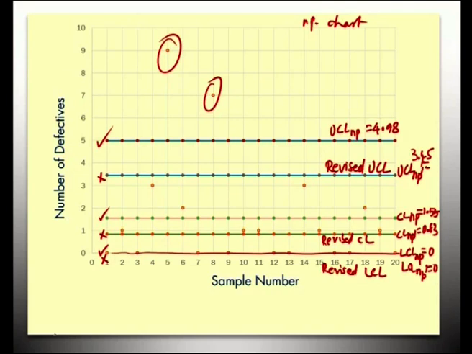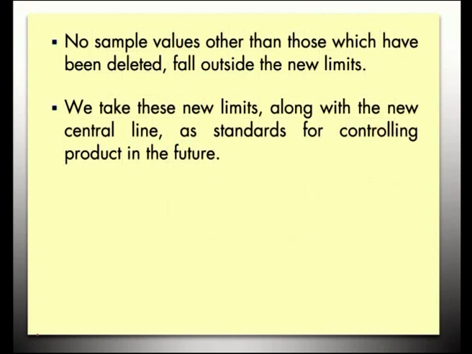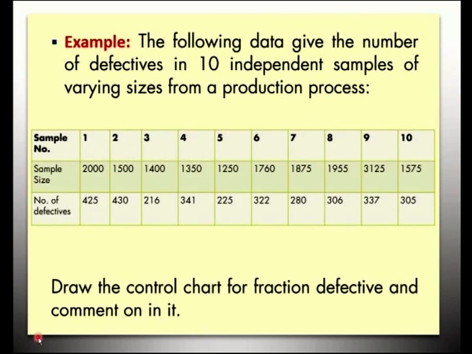Now, we see no sample values other than those which have been deleted fall outside the new limits. Now we take these new limits along with the new central line as standards for controlling the product in the future.